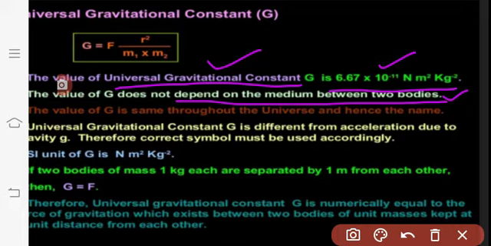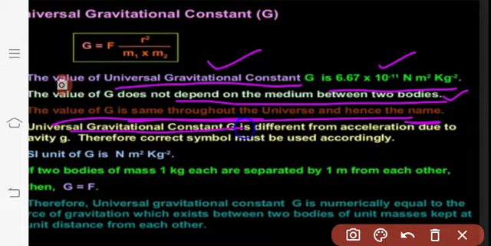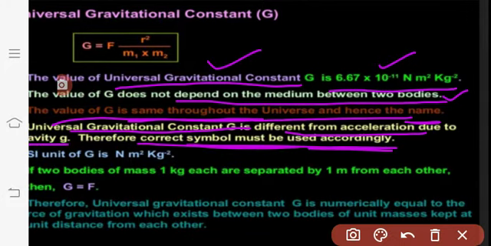Now the value of G is the same throughout the universe, so its name is universal gravitational constant. Universal gravitational constant G differs from the acceleration due to gravity, so the correct symbol that must be used accordingly is G.